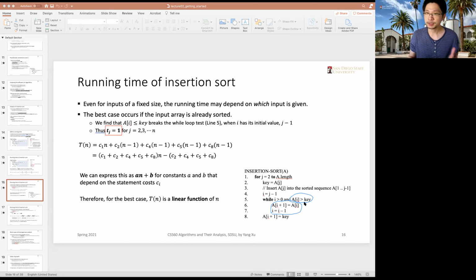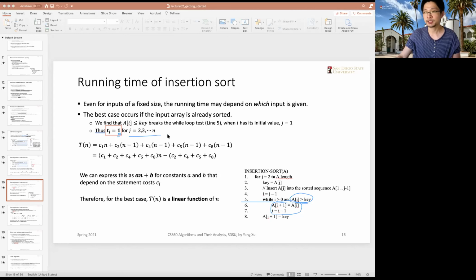In this ideal case, no element before the key is greater than the key because it's already in sorted order. So the body of the while loop will be executed 0 times, and line 5 will be executed only once for all j's.